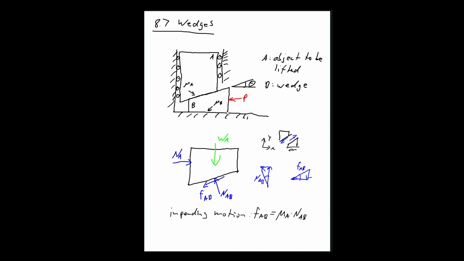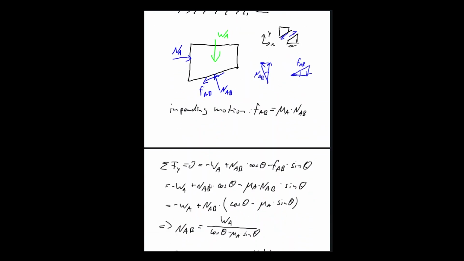Well, what changes? The big changes that we'll see, first of all, of course, our NA will be acting on the other side, right? Because now this block is moving in that direction, so it's pushing against this wall instead of that wall. And of course, the movement directions are going to be flipped around, so all of my FAs are going to change directions.